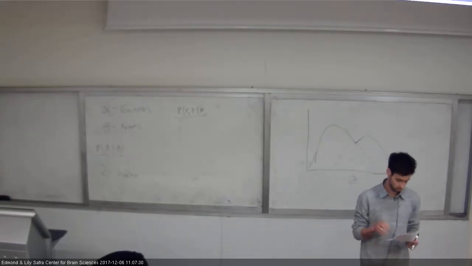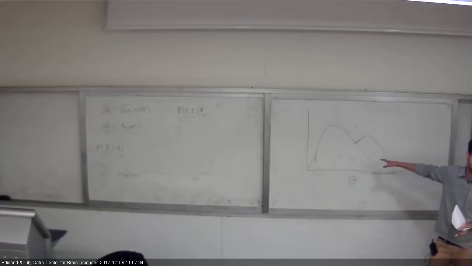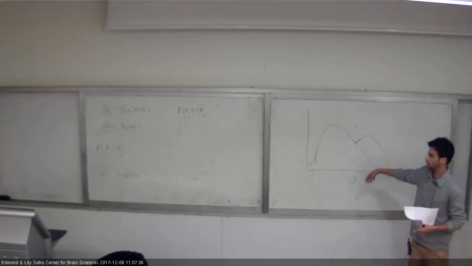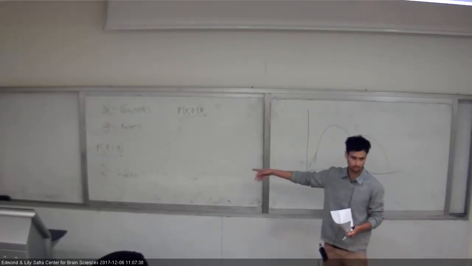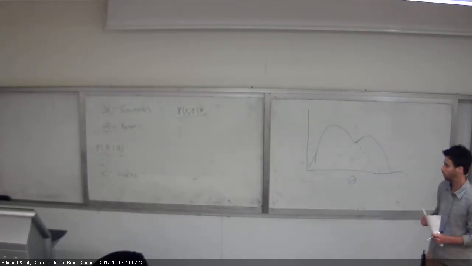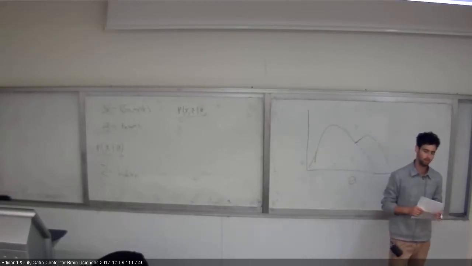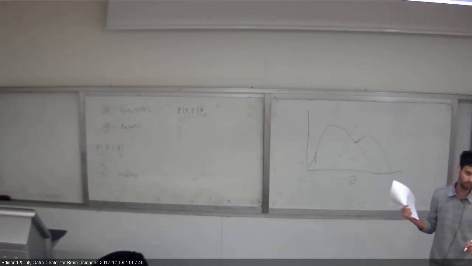Yeah, so in this case, what is z? Exactly, and as before, theta is the mean and the variance of the Gaussian.